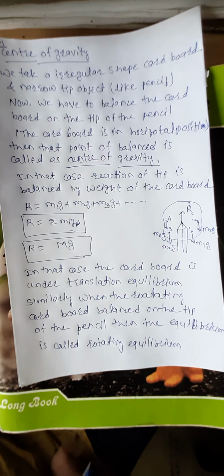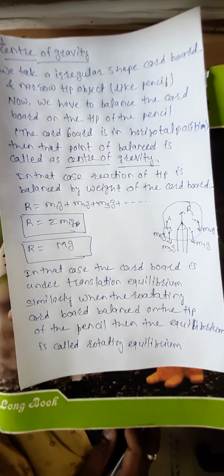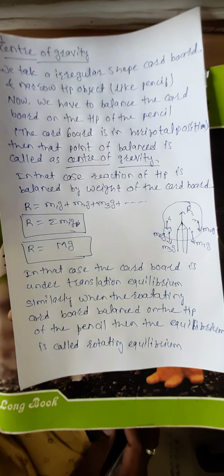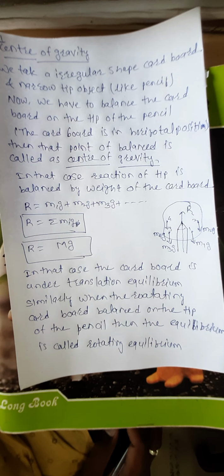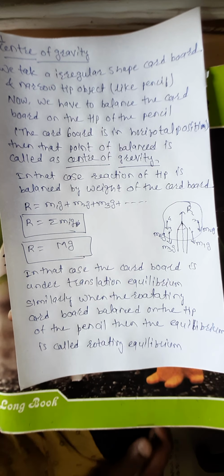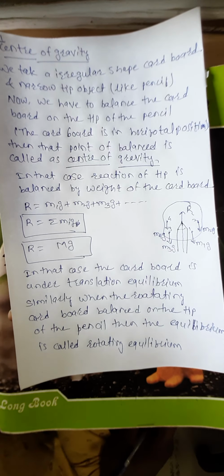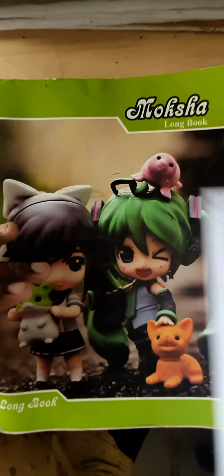Means when that cardboard is in rotating motion, and that rotating cardboard is balanced on the tip of the pencil, then that equilibrium is called a rotating equilibrium, and that point is called the center of gravity.